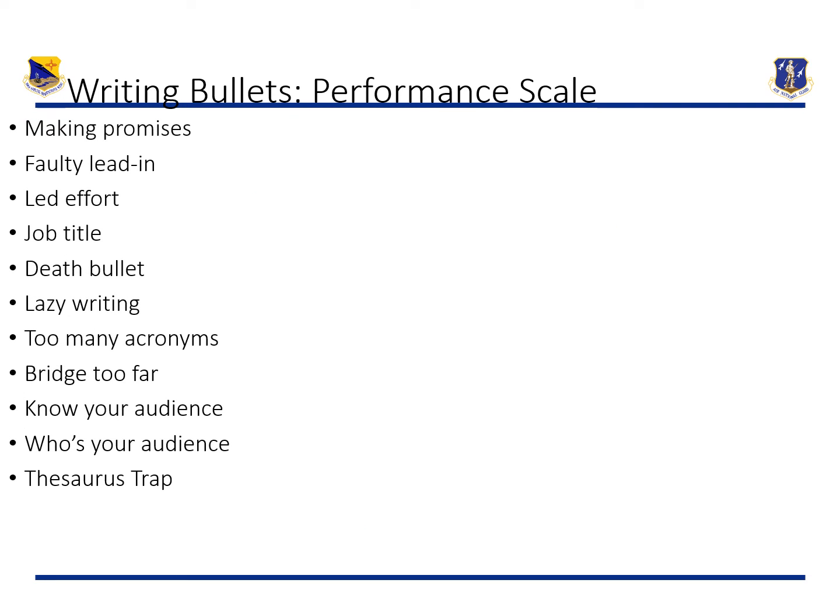Here is a list, but honestly not all inclusive, of the traps that we tend to fall into when we're writing bullets, and some of the traps that you will see whenever you become a board member.